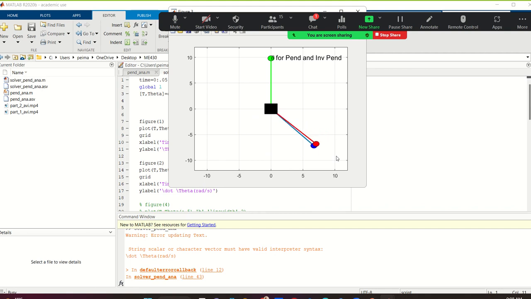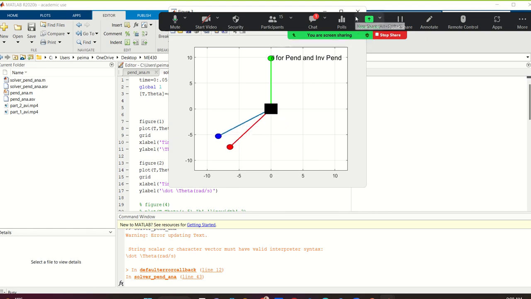But when you deflect from the equilibrium point that we got, 0, it's gonna become unstable. Now I'm done with this.